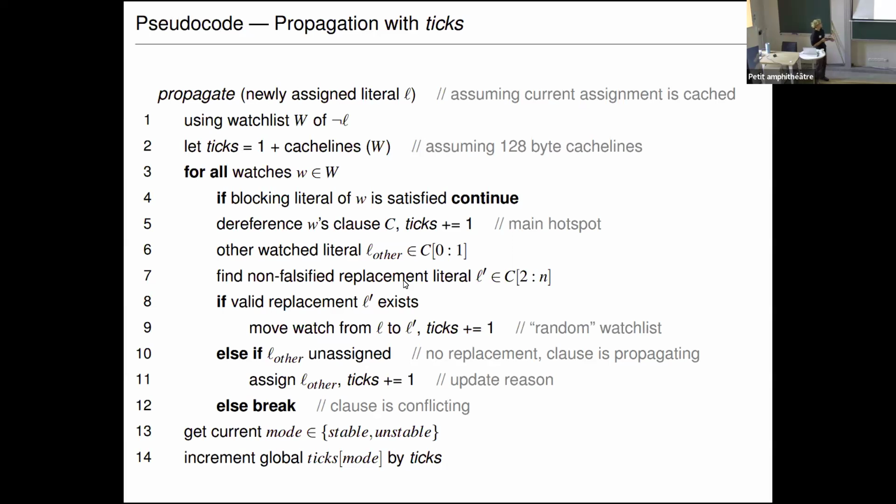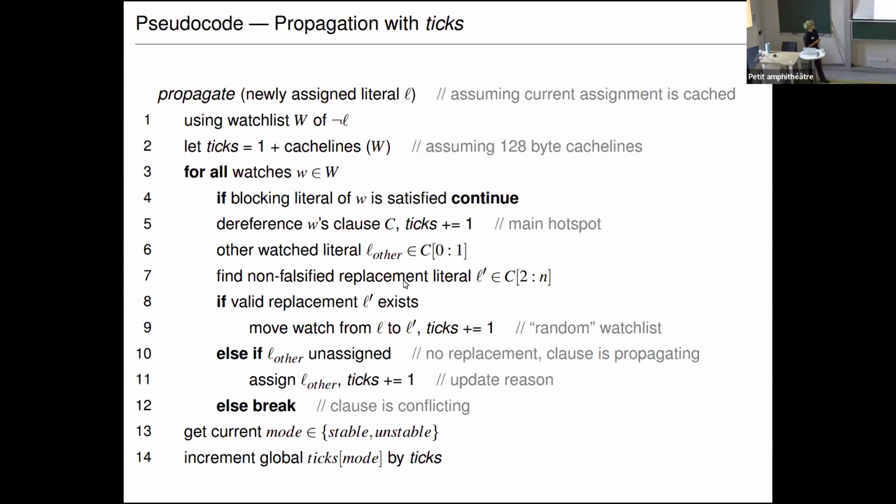Right, so you probably have seen a propagation routine, but this is very close to what's actually used in Kissat, if you abstract away all the low-level C code. So we first have to access our watches, and we already know we iterate through the entire thing.